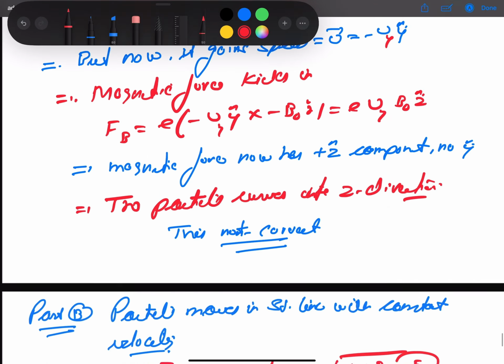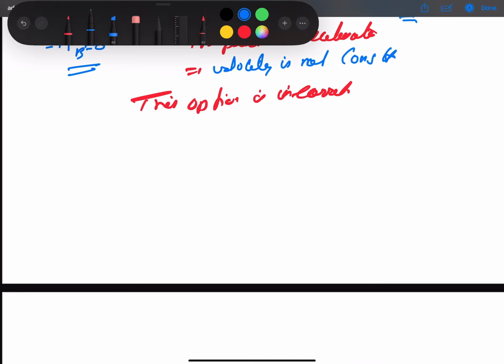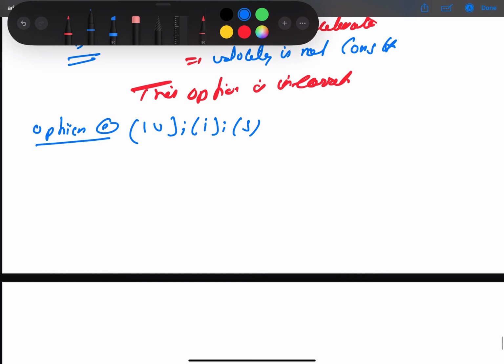Now let's check option C, which gives us that we have the fourth option matching with the first option, and the alphabet is S. Here we have a proton, that is plus E, velocity is 2 E naught upon B naught X unit vector.